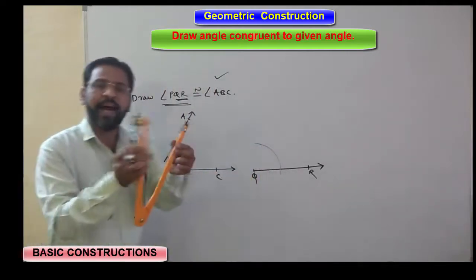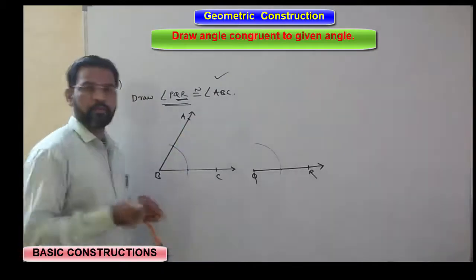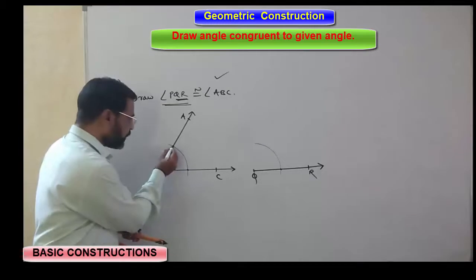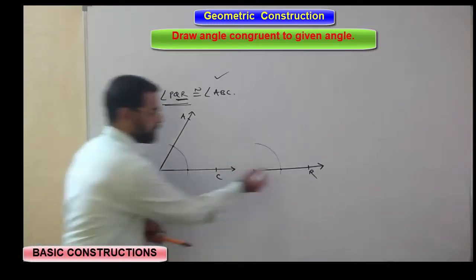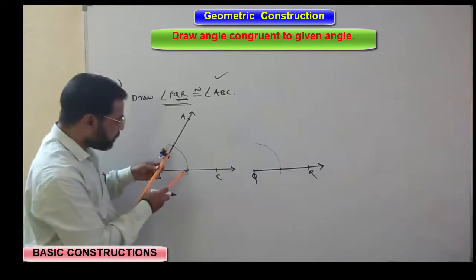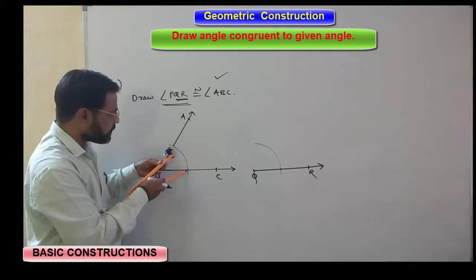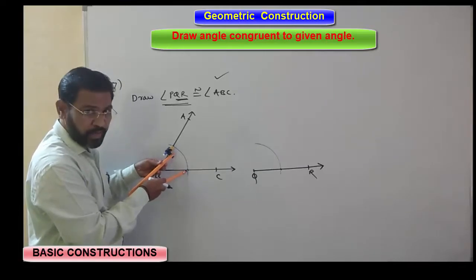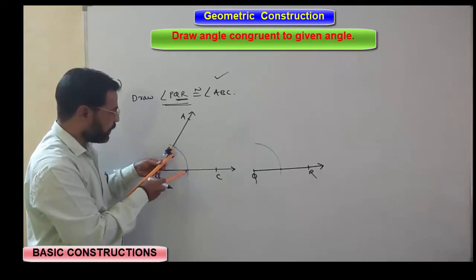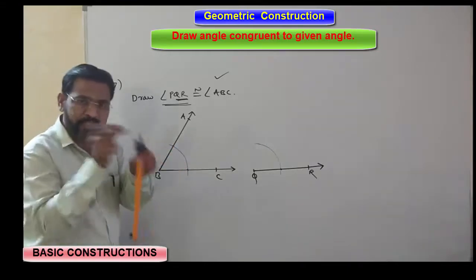Okay, after that I will make some changes in that compass. See, friends, there are 3 points which you get here. Now look here. From this point up to here, we take the distance in the compass.